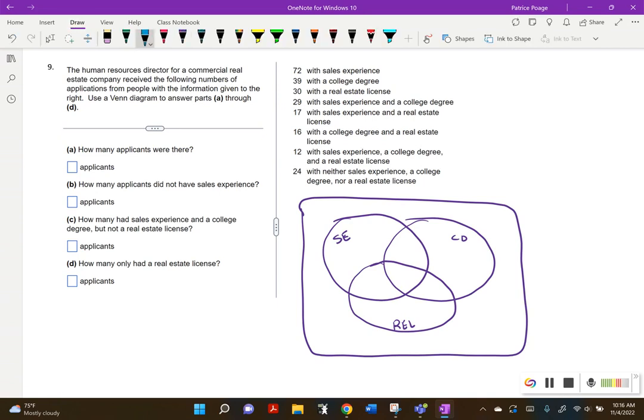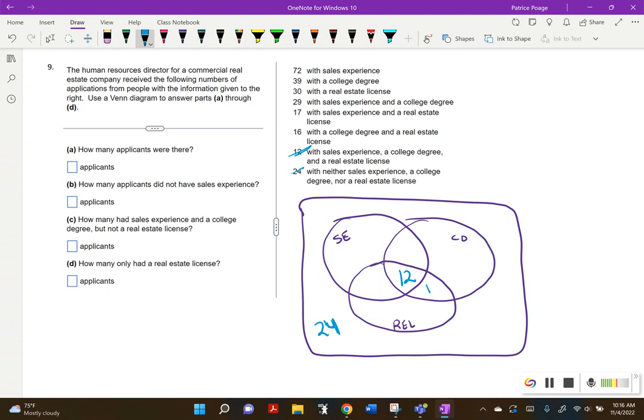So starting to fill these in. I can't do any of these first ones. I'm going to jump to the bottom. So 24 with neither sales experience, college degree, nor real estate. All right. Got those. 12 with sales experience, a college degree, and real estate. 16 with a college degree, so we narrowed it down to here, and real estate, so we narrowed it down to these 2.